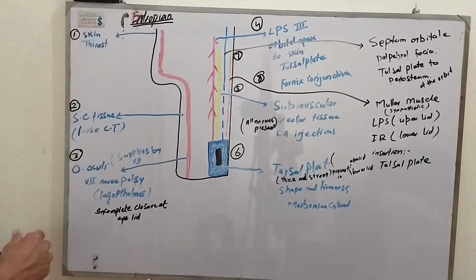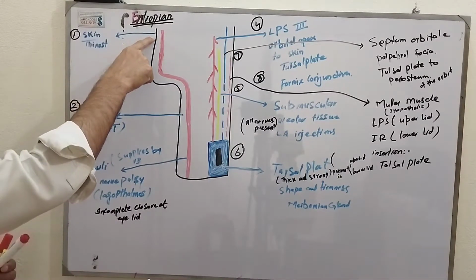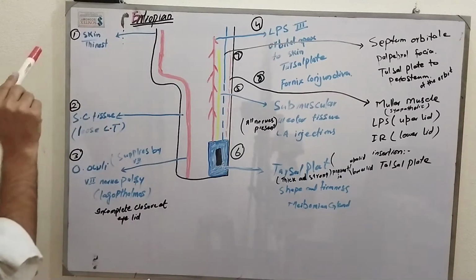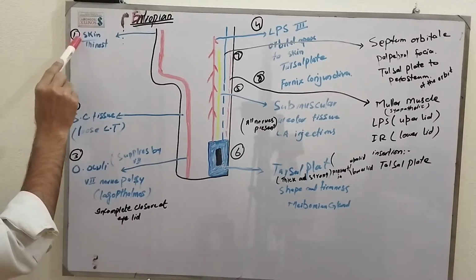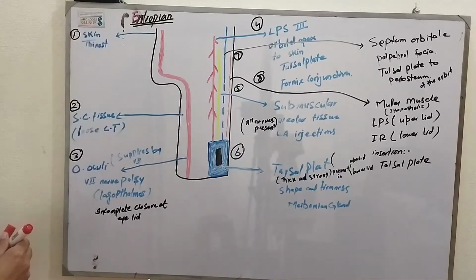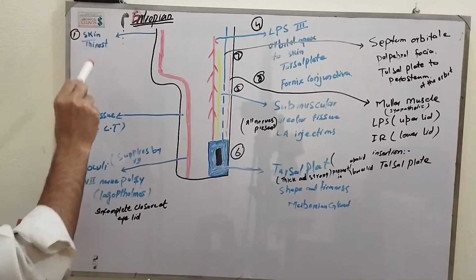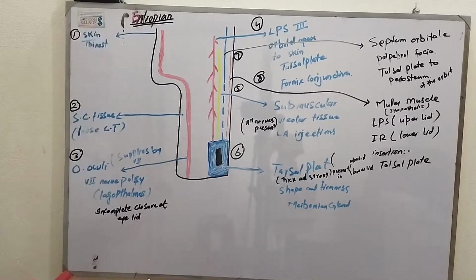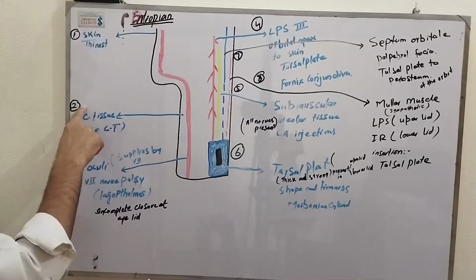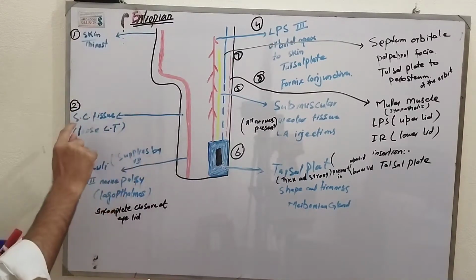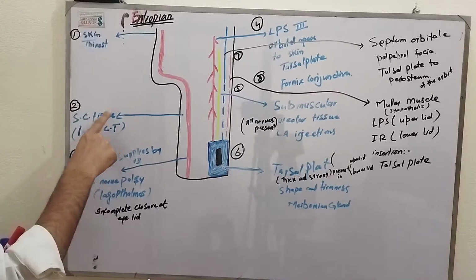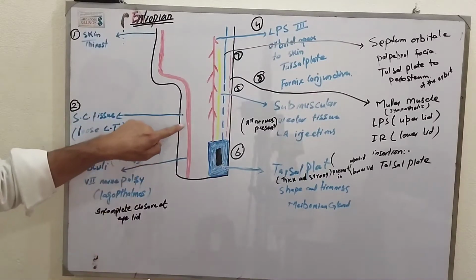The outermost layer and first structure of the eyelid is skin. You have to remember, skin is the thinnest part in our body. The second structure in our eyelid is subcutaneous connective tissue, that is the white area.